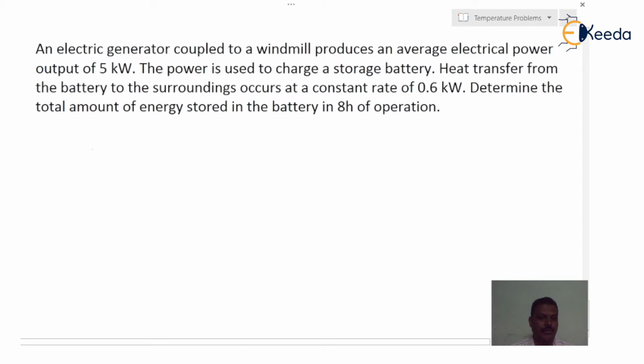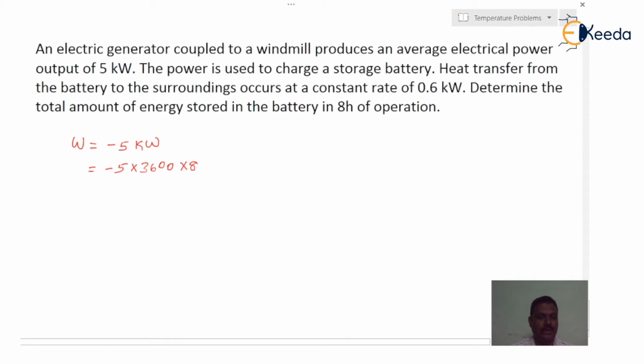So W is equal to minus 5 kilowatt, and for 8 hours of operation it is minus 5 into 3600 into 8.